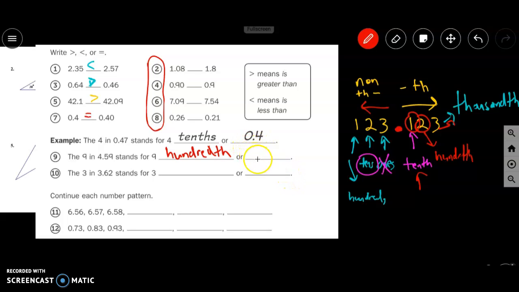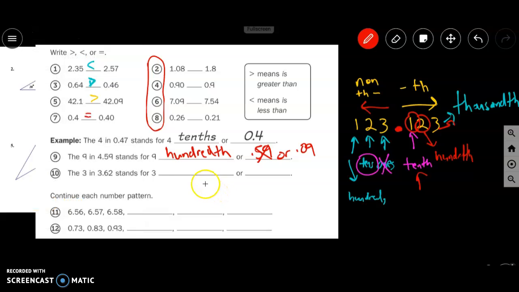Okay. Or instead of saying that, we can say 0.59. Okay, so 0.59 hundredths. Or instead of that, you can just write 0.09. Okay, so instead of that one, just use 0.09.